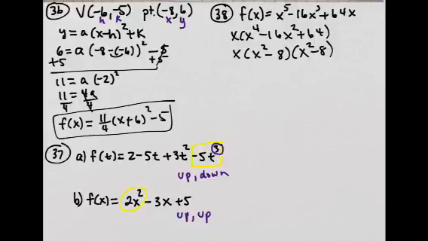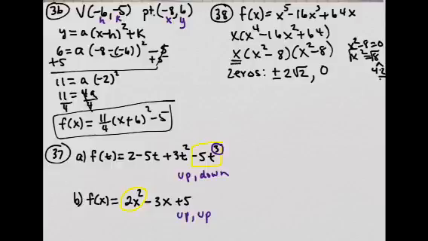So you set each factor equal to 0, so you would say x squared minus 8 is 0, x squared equals 8, you take the square root. Okay, so that would give you plus or minus the square root of 8, which breaks down into 4 times 2, so the 4 comes out as 2, and then this 2 stays inside. And then for this one, don't forget, that one's also a 0.